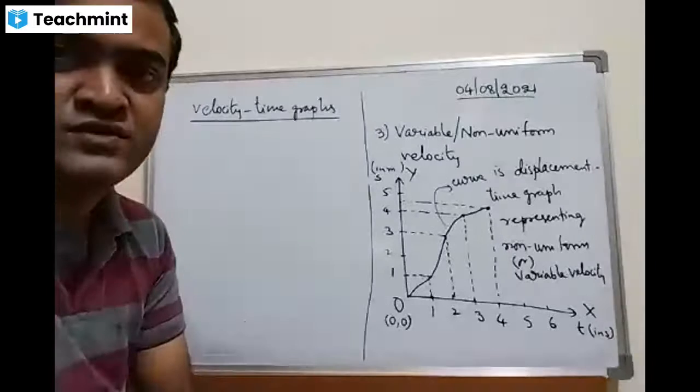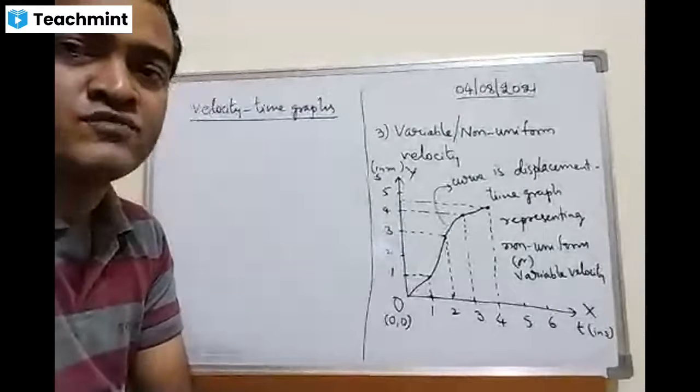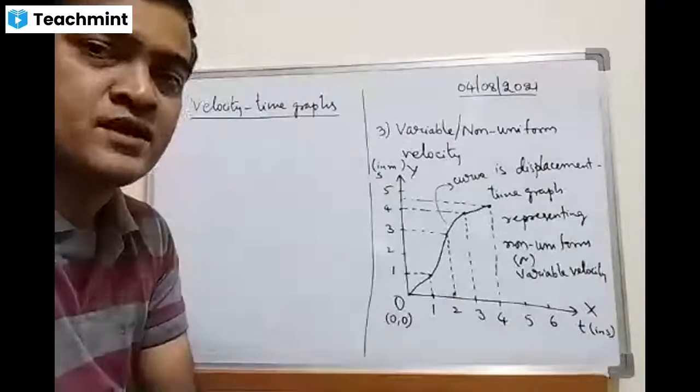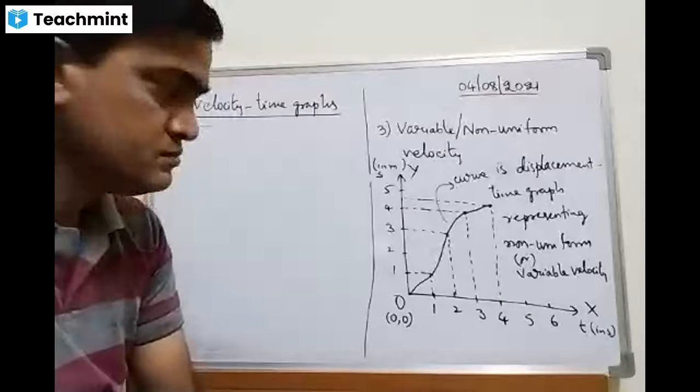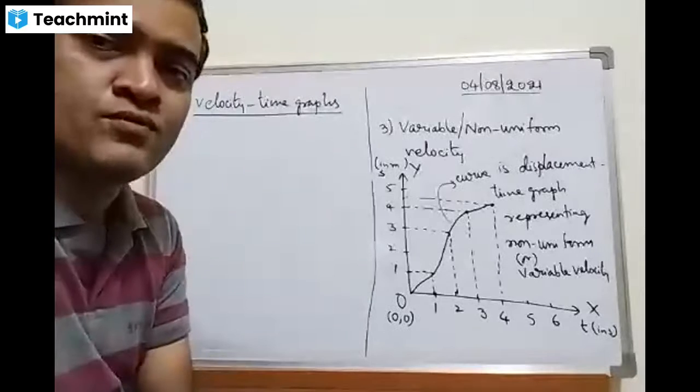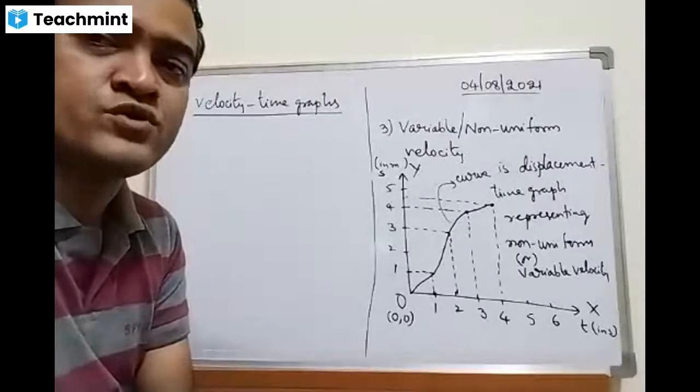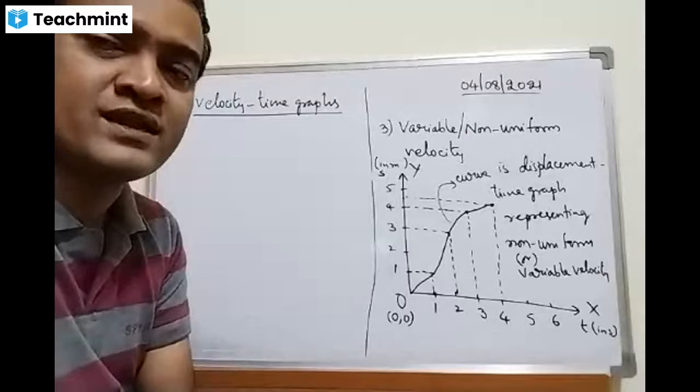In the previous three cases, we had time along x-axis and the displacement along y-axis. Now I am going to show you time along x-axis and velocity along y-axis, so that the slope of the graph will give you acceleration.